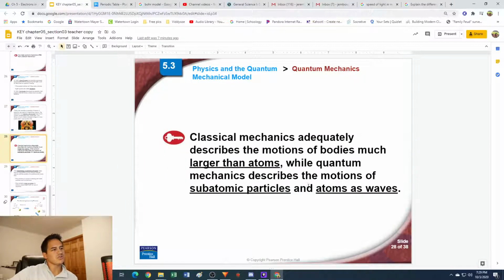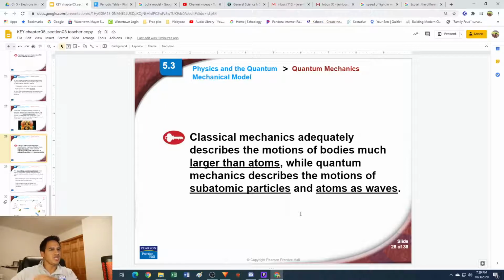So classical mechanics basically describes the motion of bodies larger than atoms. So big things, what we call macro things, like cars and humans and large objects. Whereas quantum mechanics describes the motion of very, very small things like atoms and protons and electrons, and the very, very small universe does not work the same way as the universe that we live in on a regular basis.